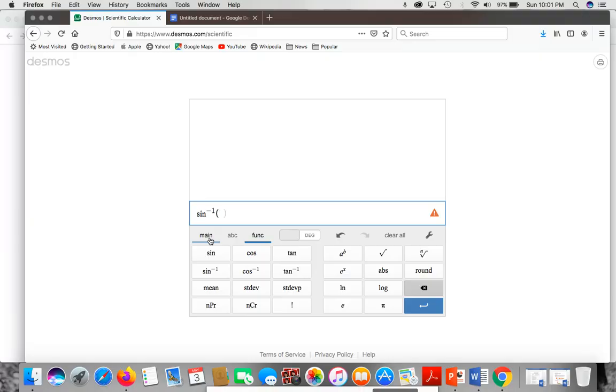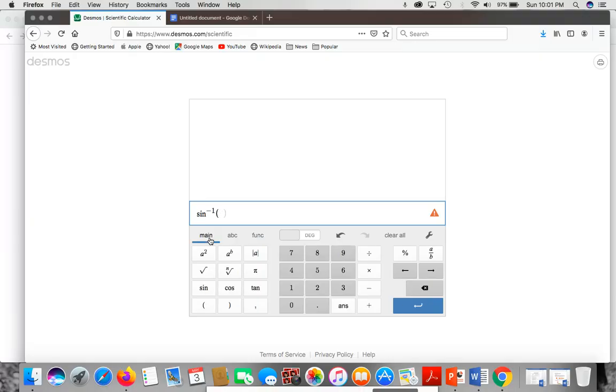Now I can go back to my main menu, and I need to have 8 divided by 16. All right, now we're just going to close the bracket, and it gives you your answer right away, which is 30.